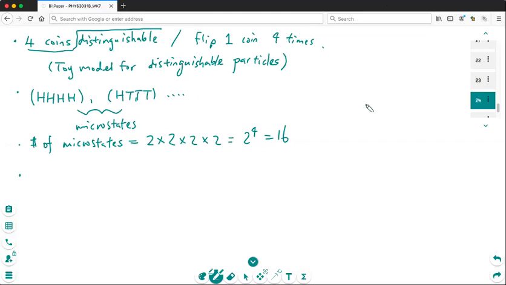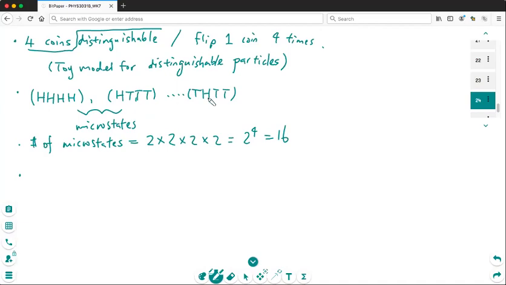The important point is, if I give you another microstate, which is tail first, then head, tail, tail. Obviously at this point, you should appreciate that these 2 are not the same microstates, although they both have 3 tails.